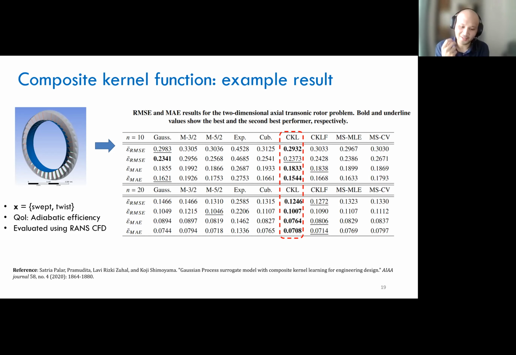Basically, it is not just picking one base kernel function, but even more, you combine these kernels to create better kernels, and this is the idea of composite kernel learning. So the take-home point here is that instead of picking just one kernel, we can combine them, and we can even create a better Gaussian process regression model.